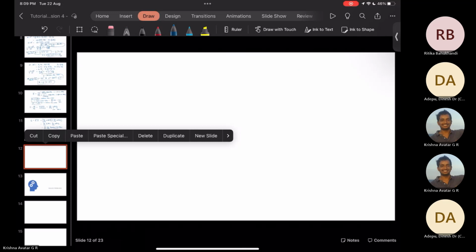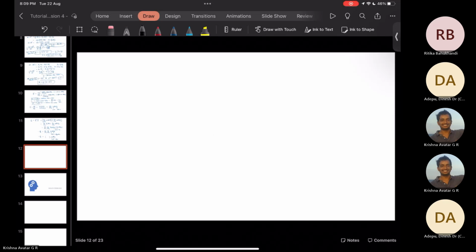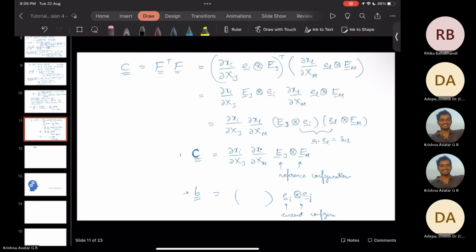Now let's move ahead and I'll explain something known as the polar decomposition theorem. So Ritika, if you are facing issues in these initial operations, it would be better to revise week 2 of this course, where we have all these tensor operations.